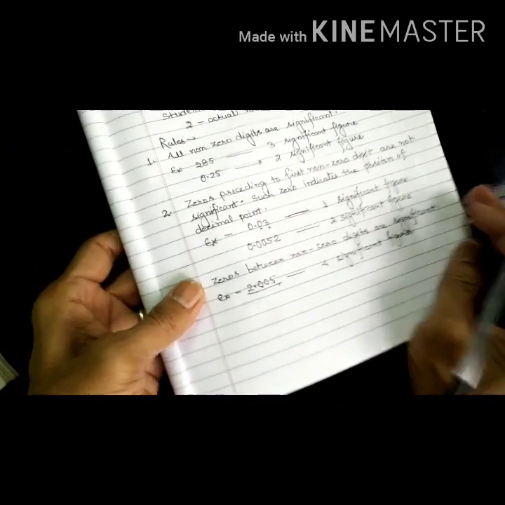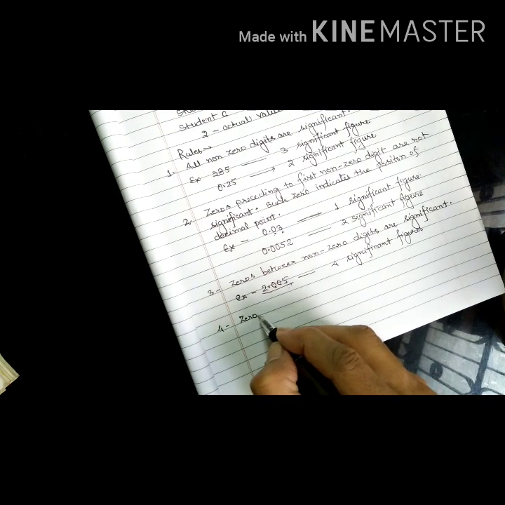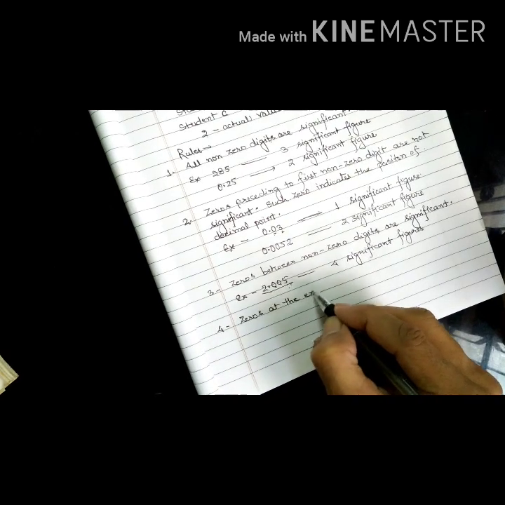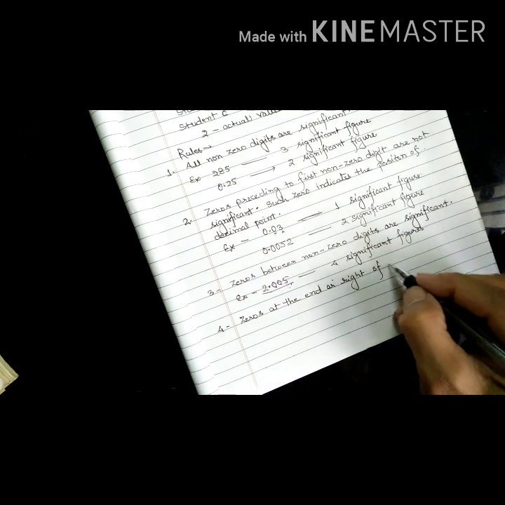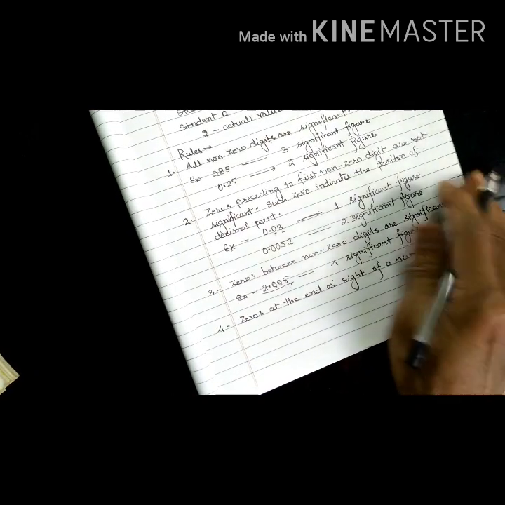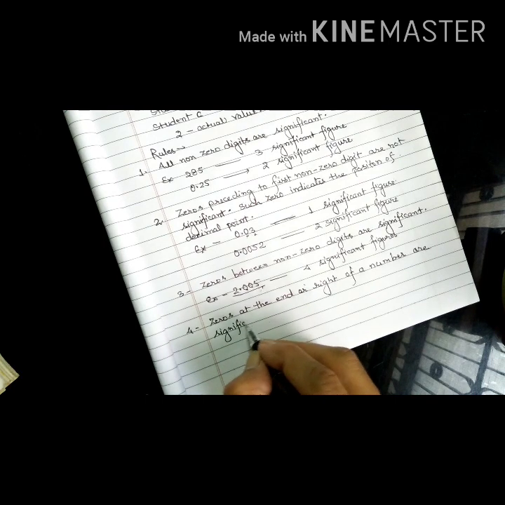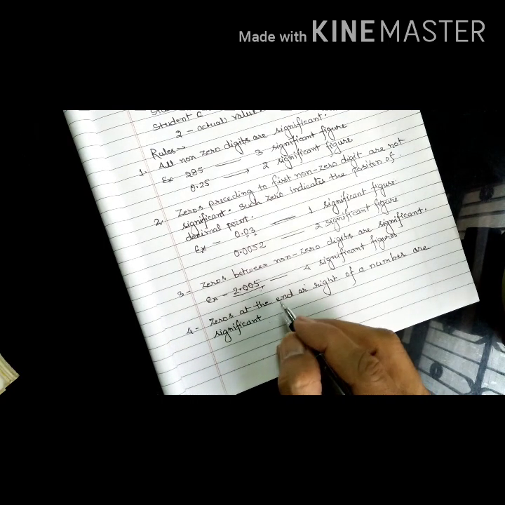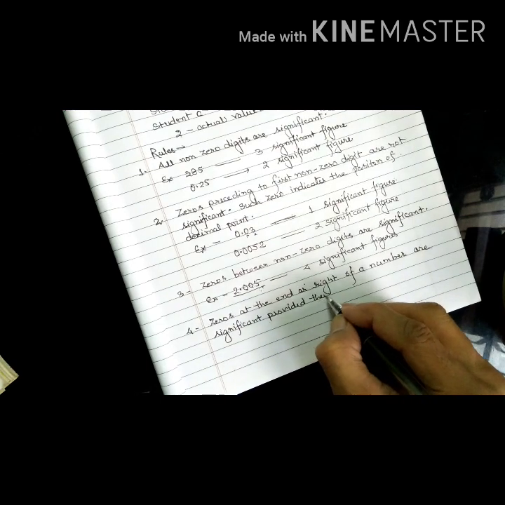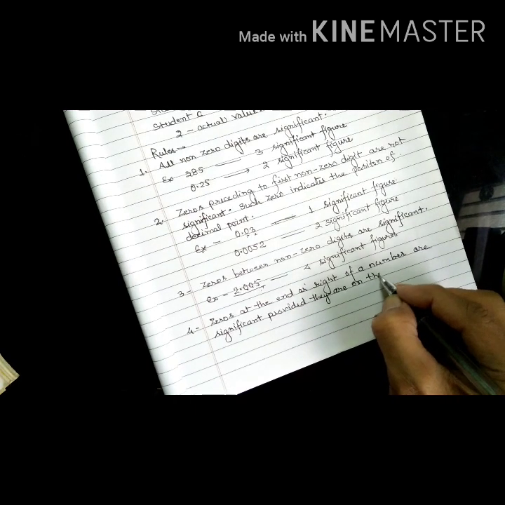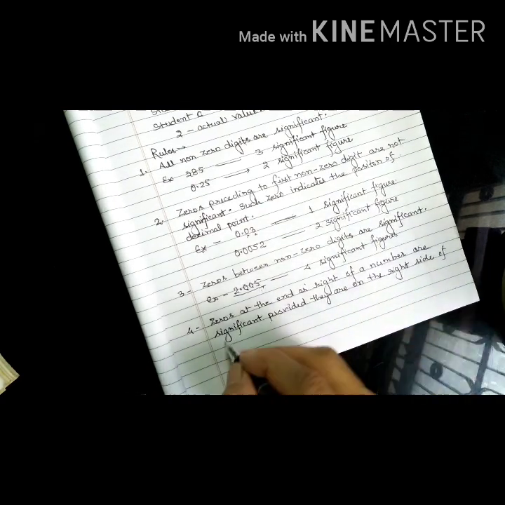Now come to the next point. Fourth, zeros at the end or right of a number are significant, provided they are on the right side of the decimal point.